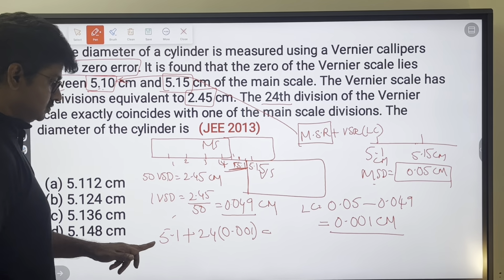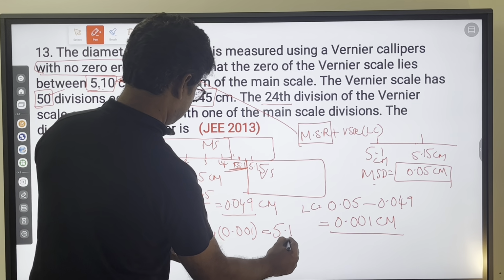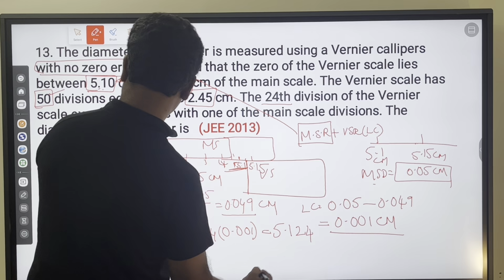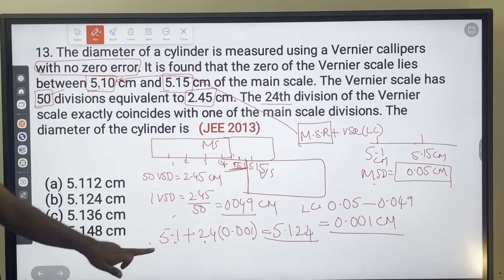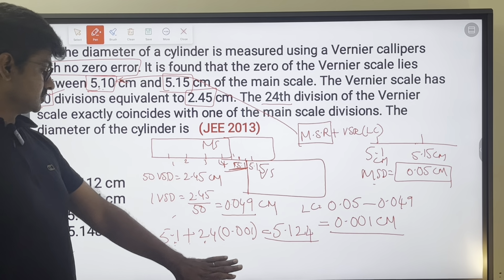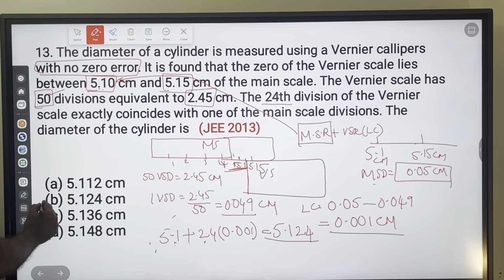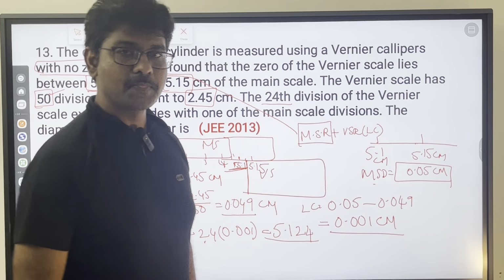That is equal to 5.1 plus 24 into 0.001, which is 0.024. So 5.124. This is the answer. This appeared in JEE 2013.